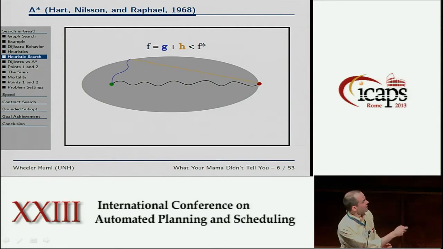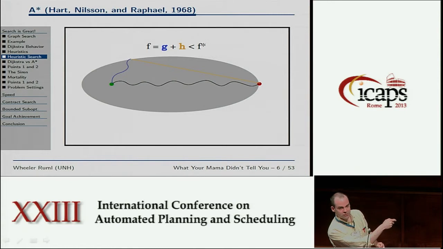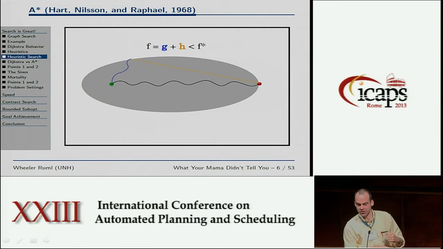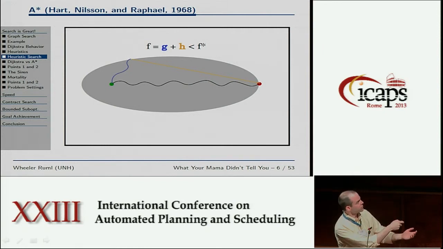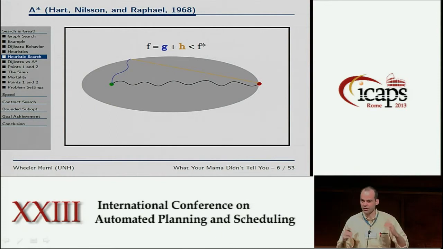All right, so a node over here where the G value is significant but the H value is also very large, those nodes now have values that are beyond the cost of the optimal solution. Their F cost, the sum of G plus H, is larger than the cost of the optimal solution. So the heuristic has pushed them outside the bounds of the nodes that we need to consider.